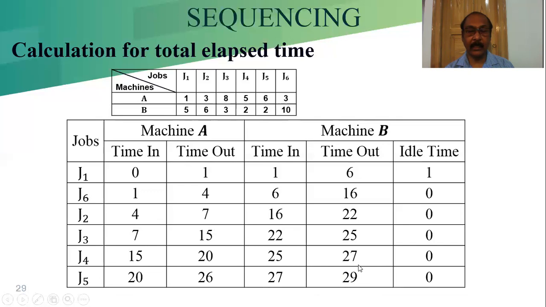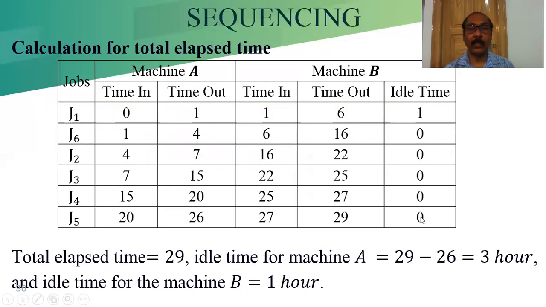J5 will be complete in machine B at the 29th hour, and J5 is completed in machine A by the 26th hour. So until J5 is complete in machine B, machine A is idle. So idle time for machine A is 29 minus 26, which is 3 hours. At the same time, machine B is idle for 1 hour.